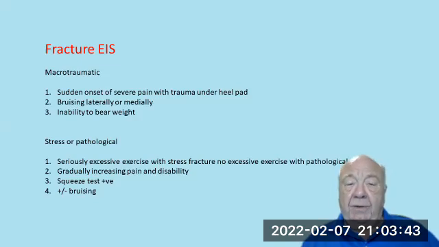Generally speaking, with a healthy bone fracture, you'll see bruising on the lateral and medial side of the calcaneus. Stress and pathological fractures are a little different. If we're looking at stress fractures, you're looking at seriously excessive amounts of exercise, much more than the patient's used to.